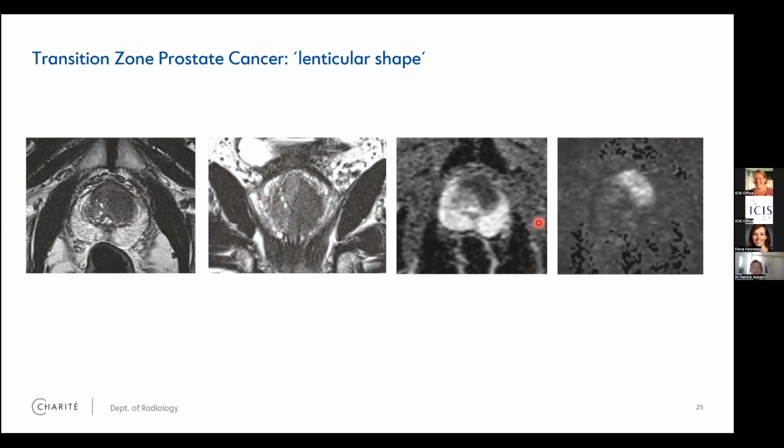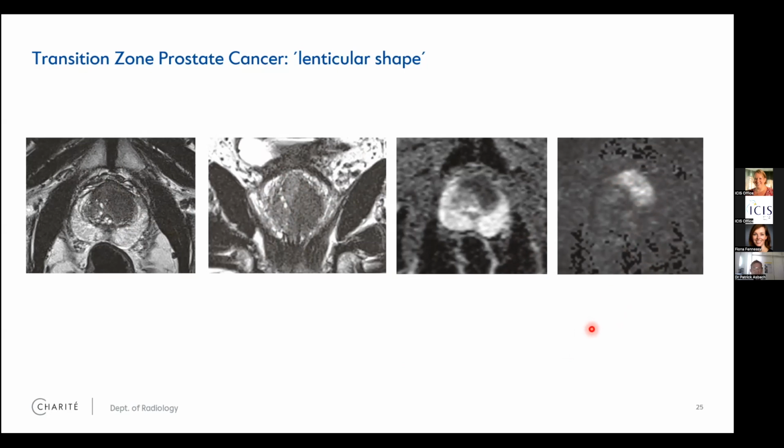And on the right, again, you see this ADC map and the high B value image. In many cases, the shape of the cancer in the transition zone has this typical lenticular shape. So you see this typical lenticular configuration of the cancer, which accounts for a PI-RADS 5 lesion in this case in the transition zone.